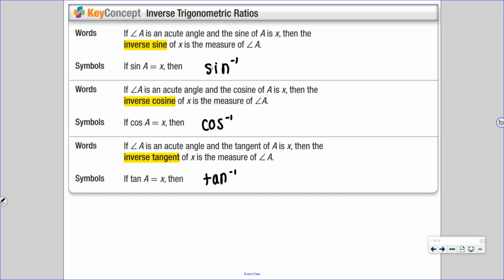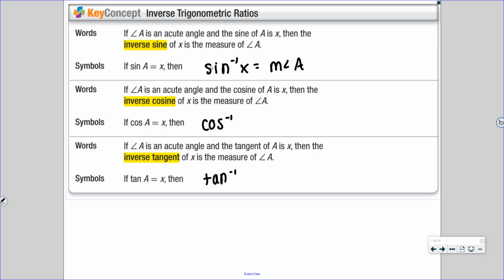So like inverse operations would be like adding and subtracting because they undo each other. Multiplication and division. So sine and inverse sine kind of like undo each other. So what these buttons are for is if you know what the ratio is, so if the sine of some angle is this ratio, then I can use the inverse sine and it'll tell me what the angle is.